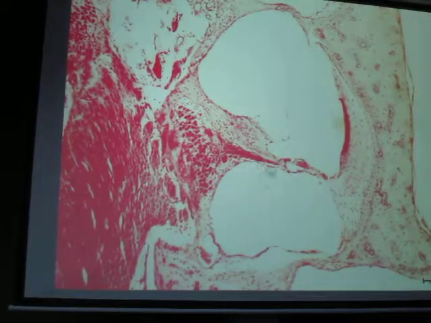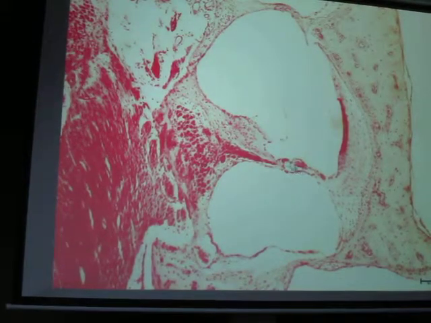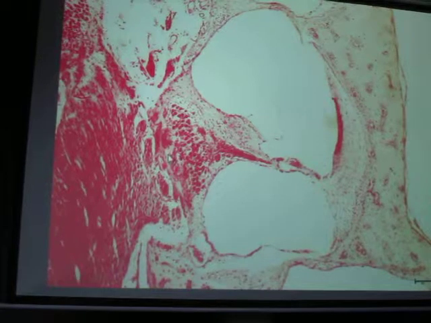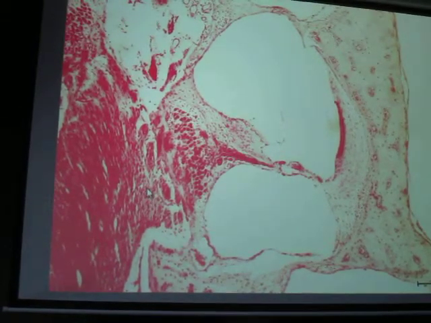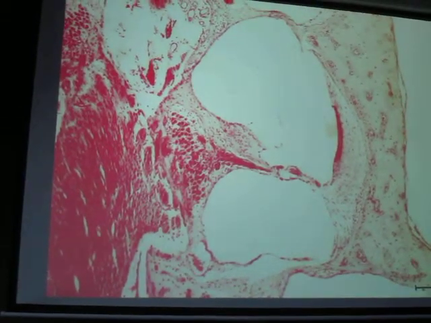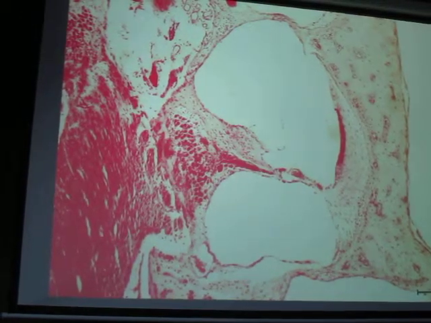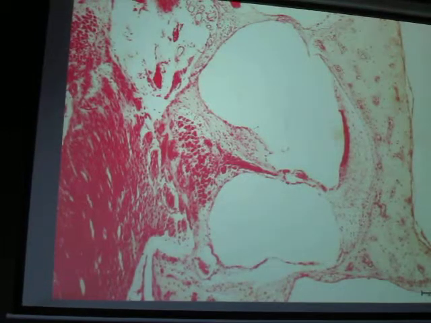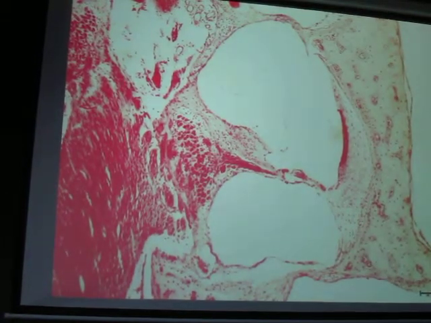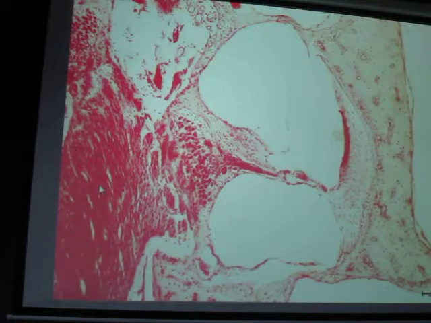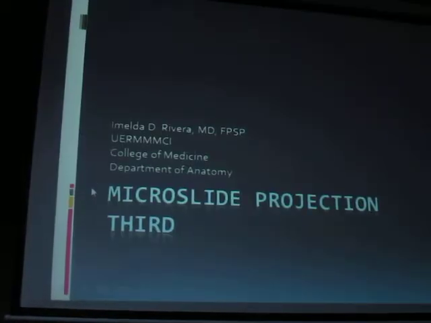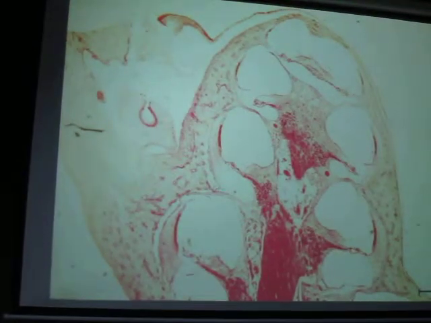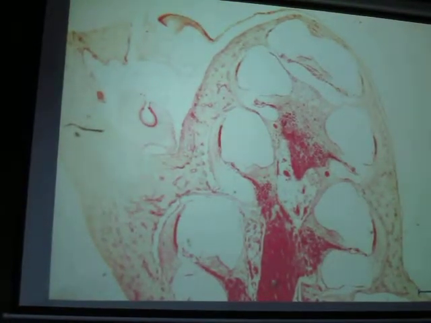So they have connection with your organ of Corti to receive the stimulus. And from the spiral ganglion, sound will be transduced through your cochlear nerve. The middle of your cochlea is just the bone. This is bone.